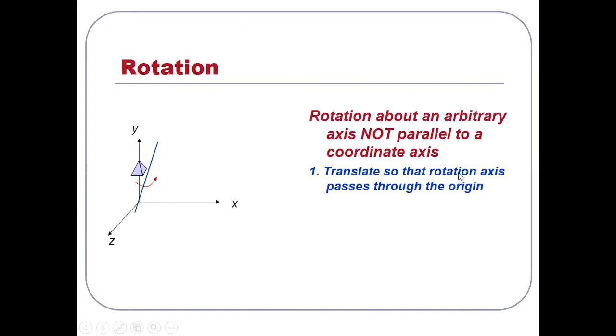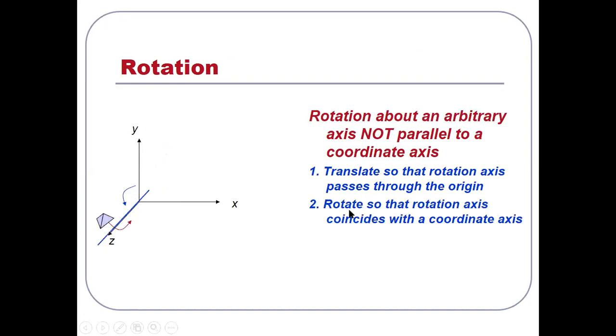That is, it translates so that the rotation axis passes through the origin. Second, rotate that arbitrary axis such that it coincides with a coordinate axis. It can be z, it can be x, it can be y. For 3D, we always go ahead with the z-axis because the z-axis talks about depth.